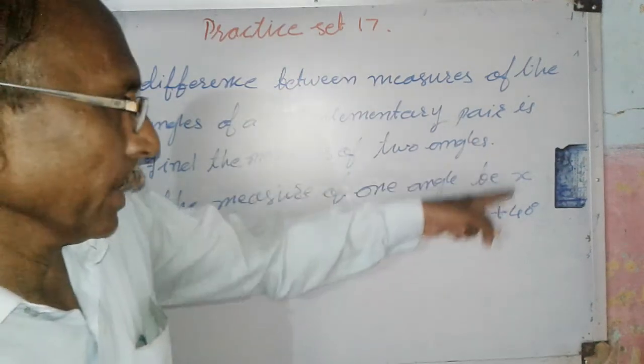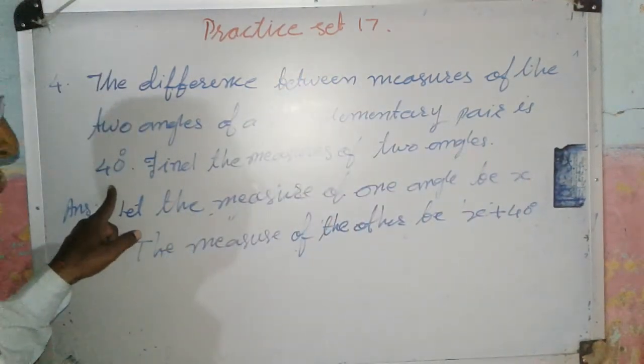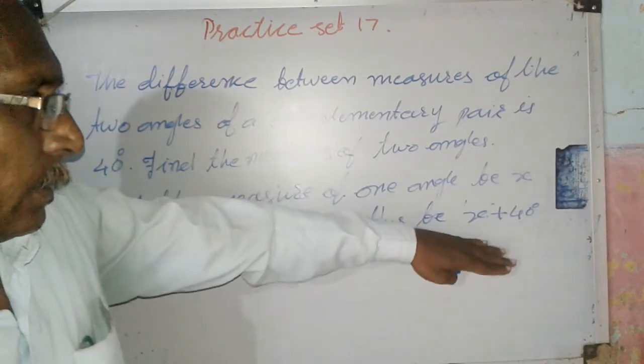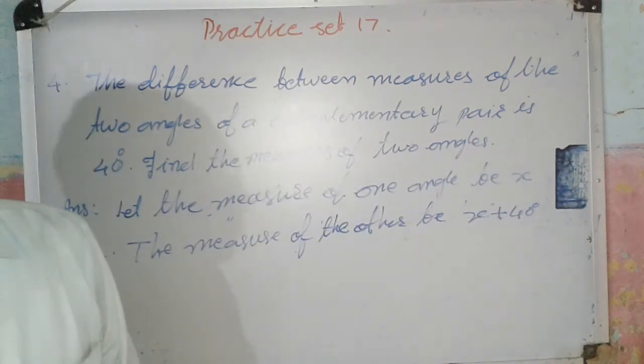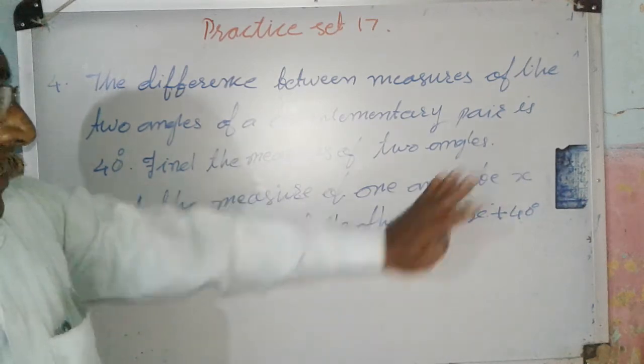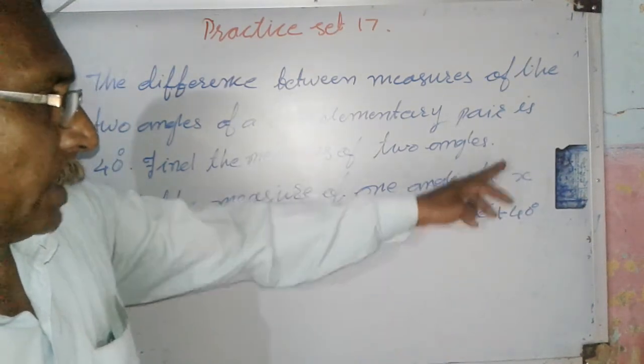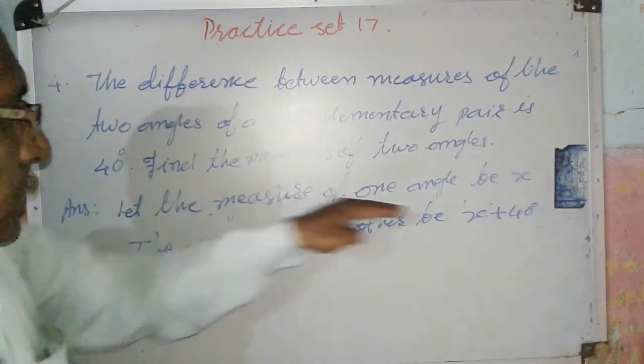That means the difference between these two is 40 degrees. That means one angle is greater than the other by 40. Therefore these two angles are x and x plus 40. The difference between them, according to the condition, is 40.